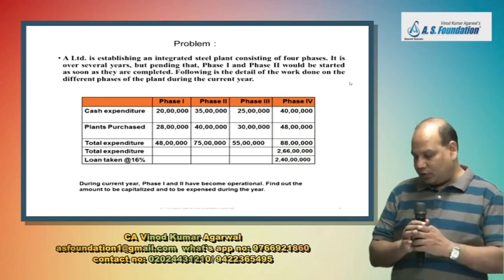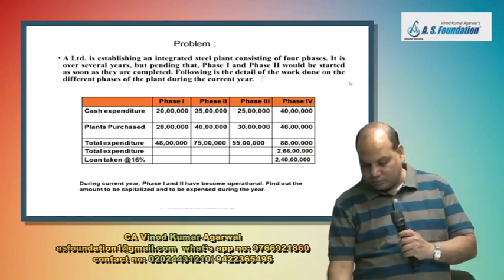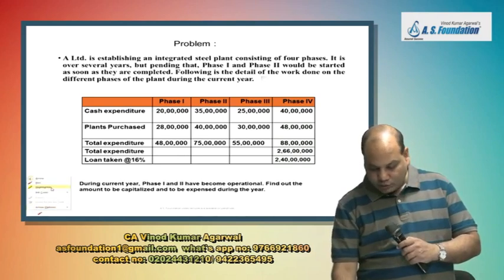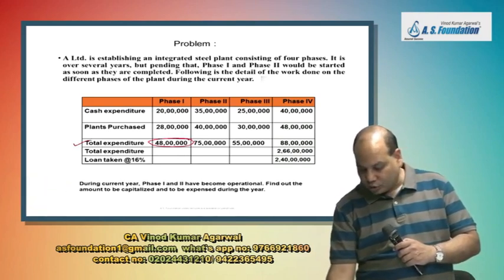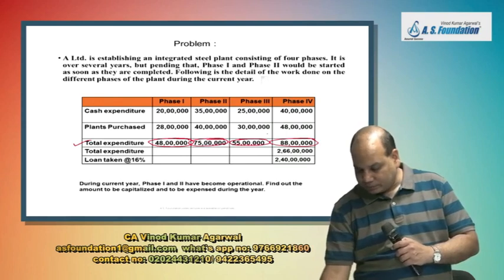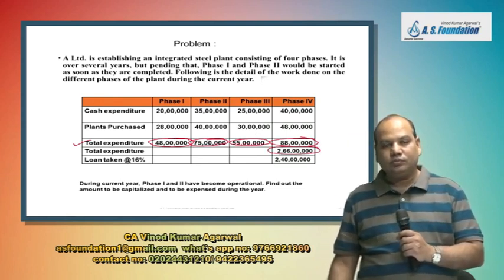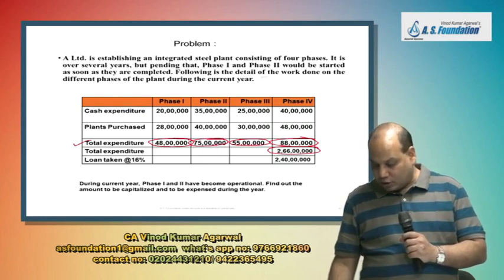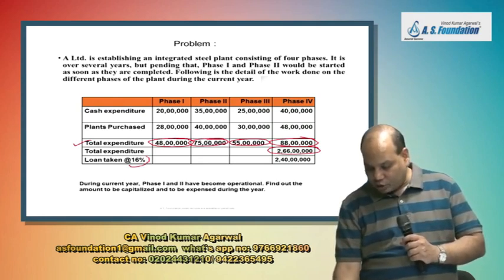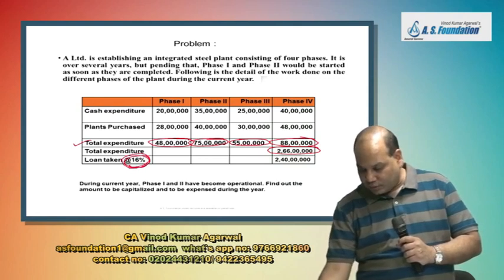That total expenditure line is important. They have given you the total of all 4 phases, which comes to 2 crore 66 lakh. And then a common loan is taken, 2 crore 40 lakh at 16%.